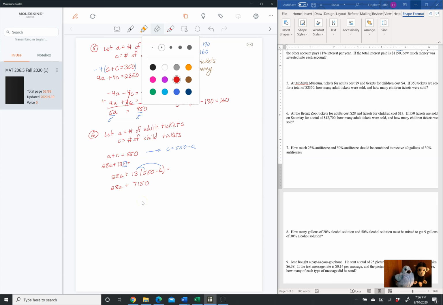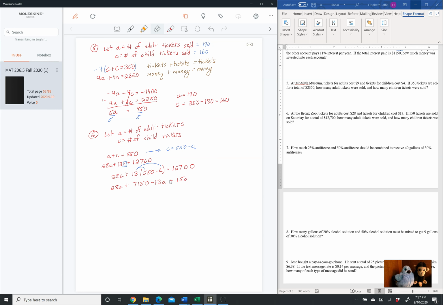So then we have plus 7,150. This makes more sense. So notice you're constantly looking at whether things make sense. Minus 13A. And we have 28 minus 13 is 15A. I should write the whole equation. 12,700. And then down here, we could write 15A plus 7,150 is equal to 12,700, right?